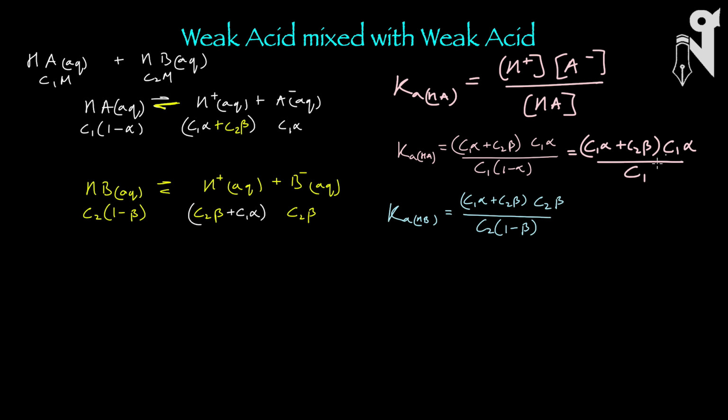I'm not cancelling C1 and C1 because of a certain reason. You may cancel if you wish. My aim is to calculate C1 alpha plus C2 beta, that's the concentration of the H plus, and hence I'm not wanting to remove the C2 attached to beta, and I'll keep the C2 over here.